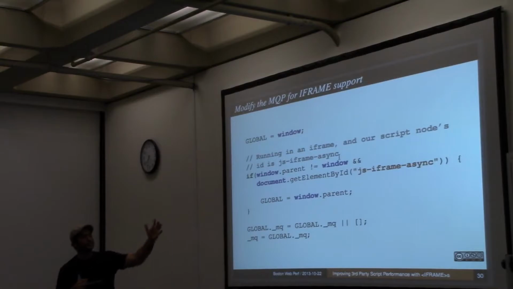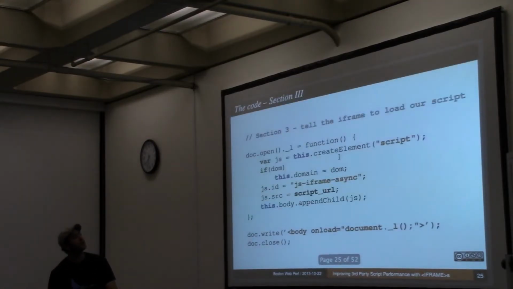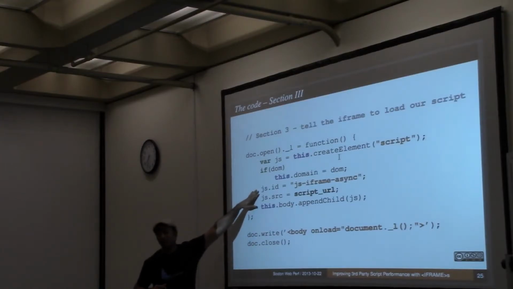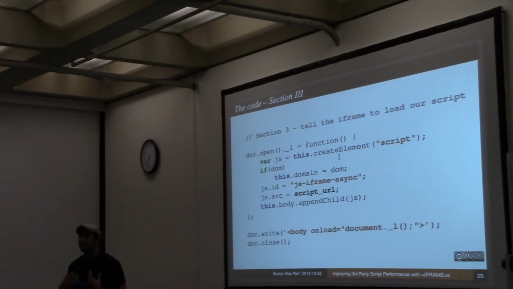So we also set an ID for our iframe that we added. So we go back all the way right here. Set JS ID, and that's just a marker to tell me that we're running inside an iframe that we ourselves created.